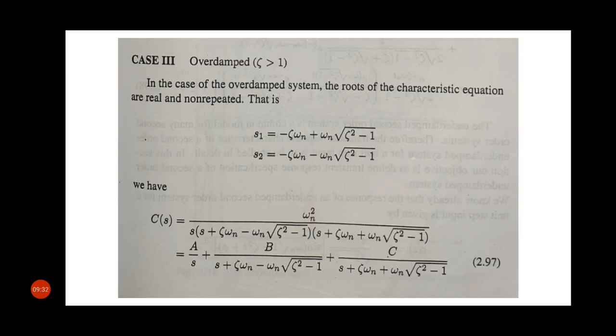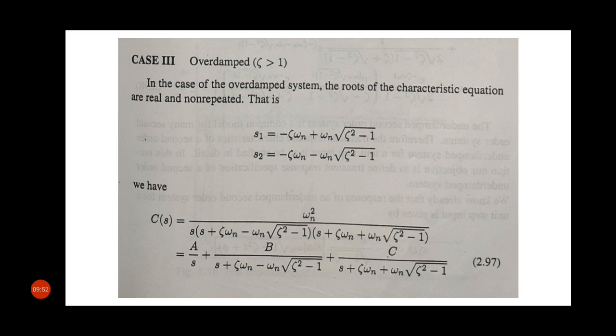Now come to the third case. In the third case, we take zeta greater than 1. If zeta greater than 1, then the system is called an overdamped system. In the case of the overdamped system, the roots of the characteristic equation are real and non-repeated.